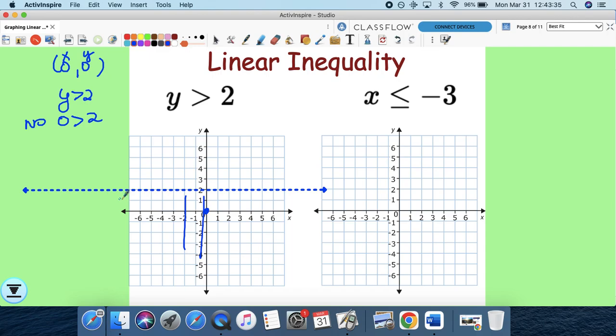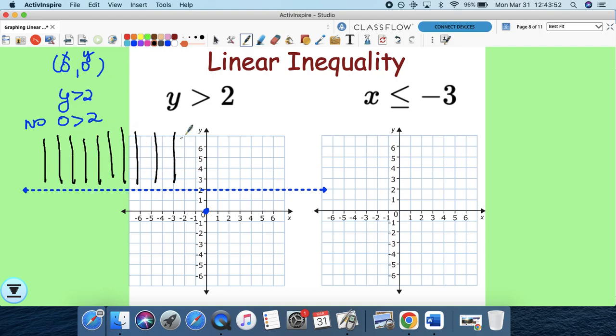So we don't want the side in which the test point that we just used, 0, 0, is. We don't want this side of the world. We want the other side, this side over here. So all these points above the line have a y value greater than 2.